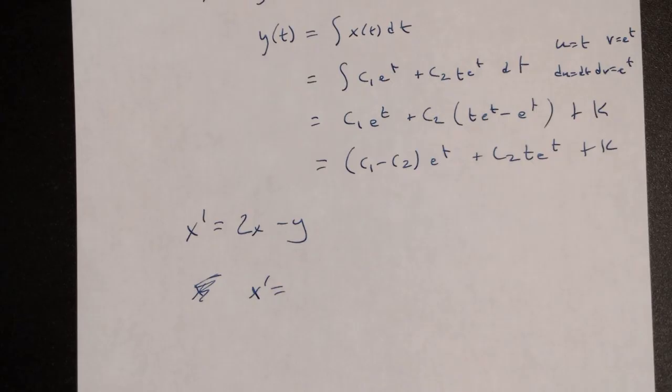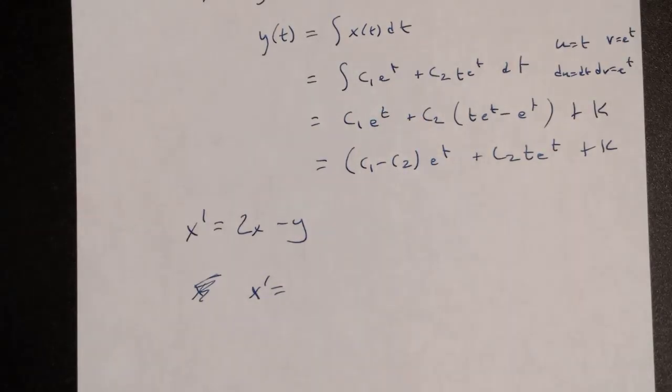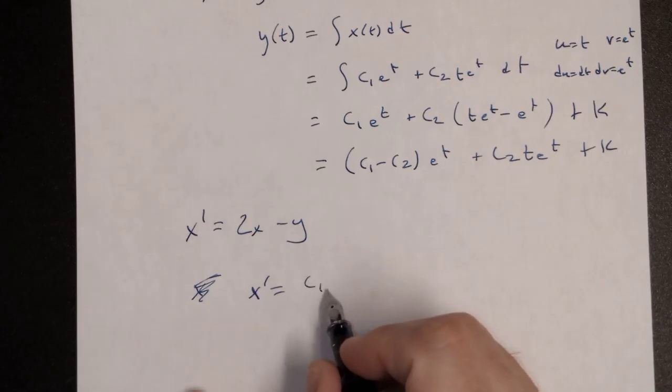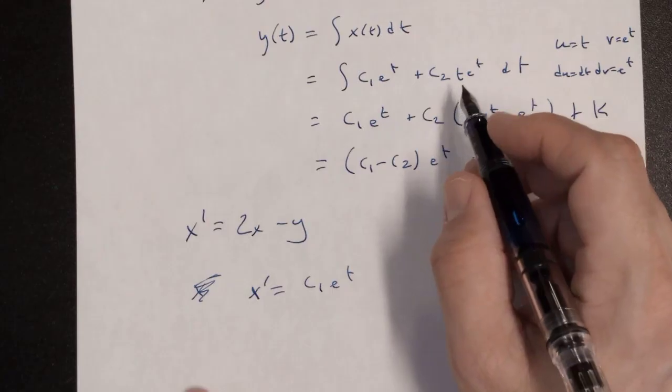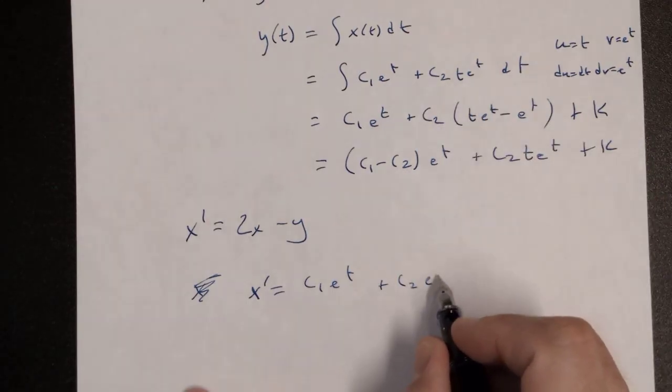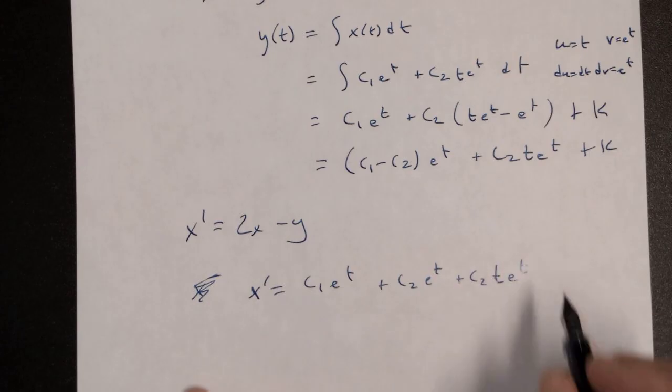X prime equals. X is C1 e to the t. What's the derivative of that? The derivative here, C1 e to the t. The derivative of this part requires me to use the product rule. So I get C2 e to the t plus C2 t e to the t. Yes?